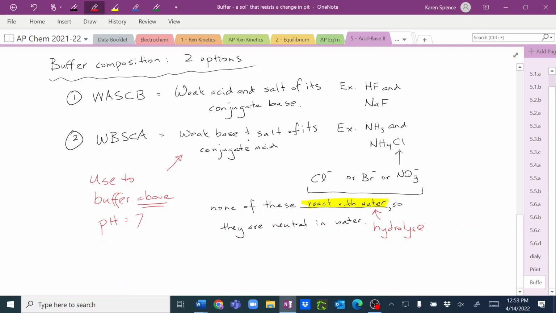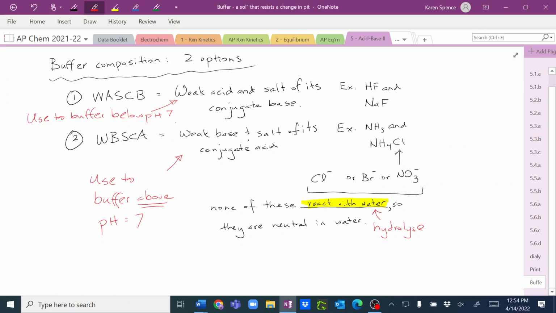And this one you're going to use when you're using the weak acid, you're going to use it to buffer below pH 7. Now, you can change those things depending on the strength of the acid. Sometimes you can get it going the other way, but those are just sort of generalities. That is for your regular exam, okay?